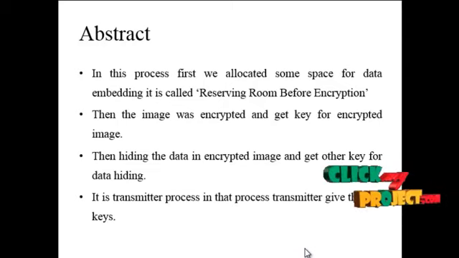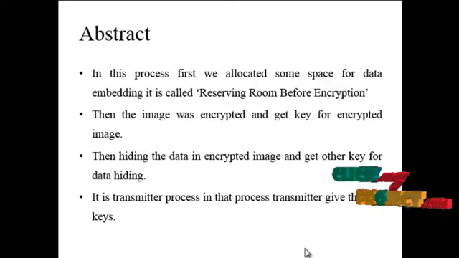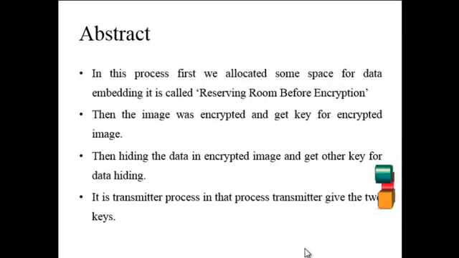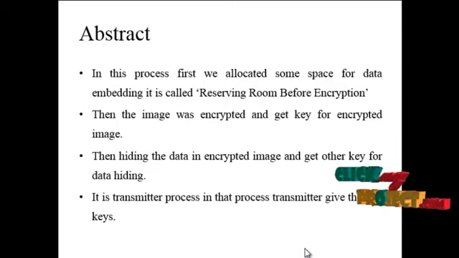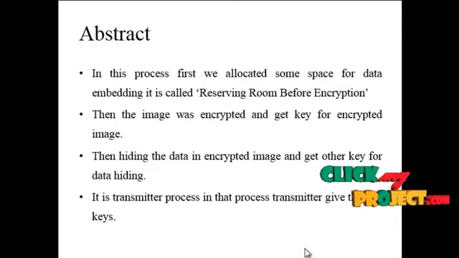Now we give two important keys for security purposes. In the encryption process, the user key is given by the center side, and the data hiding key is also given by the center for hiding the data. The encryption process is done by the AES algorithm.